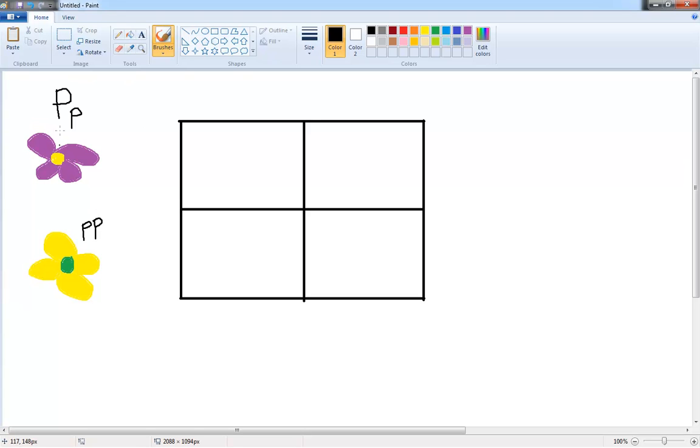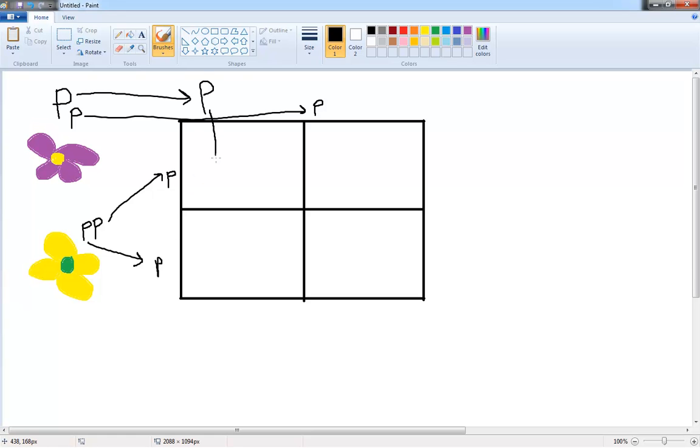Okay, to do the Punnett square, if we fertilize these, what are their progeny going to look like? We're going to put the big P over here. We're going to put the little p over here. And just like before, put a little p and a little p.